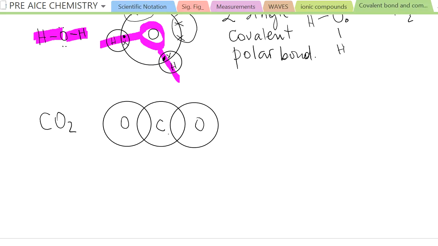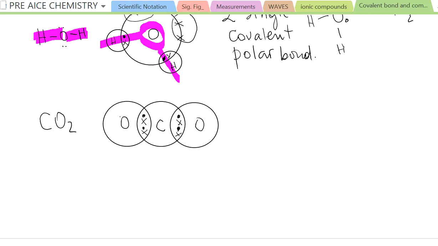Now, how many bonds did we do last time that we did this one? 2. So they were 1 and 2 here, 1 and 2 here. So there were 4 electrons inside one part of the Venn diagram or the dot and cross diagram. And here we have the same thing.